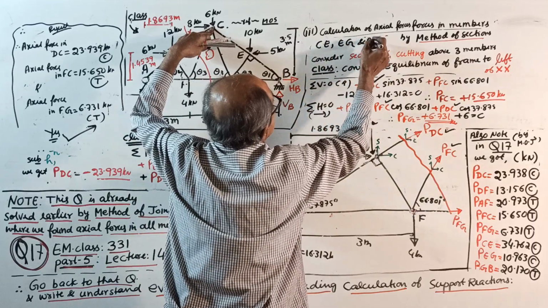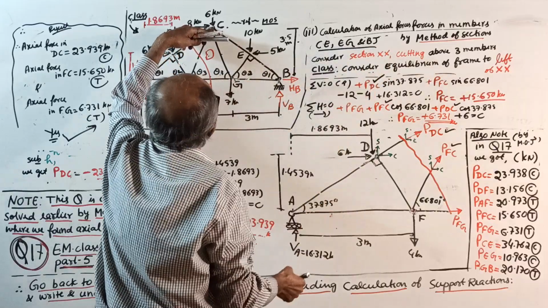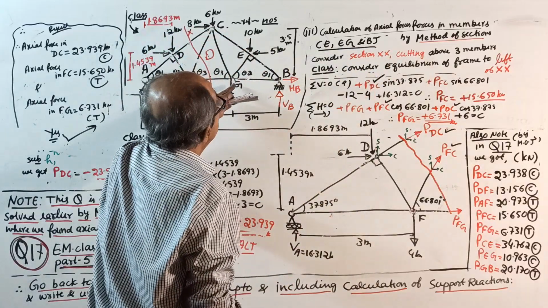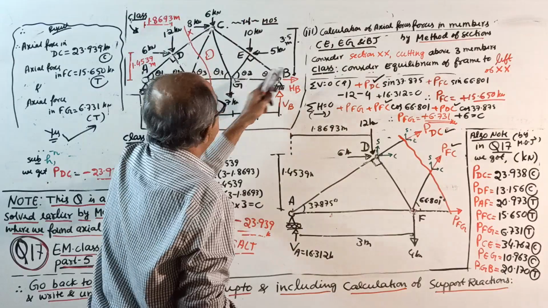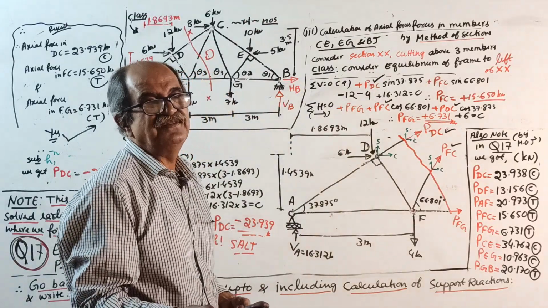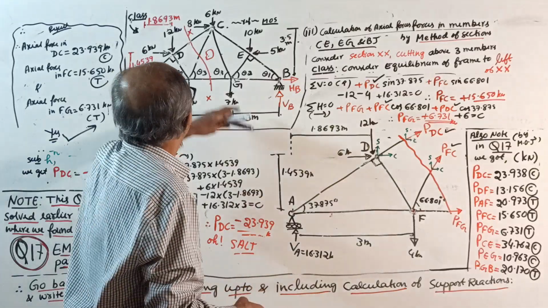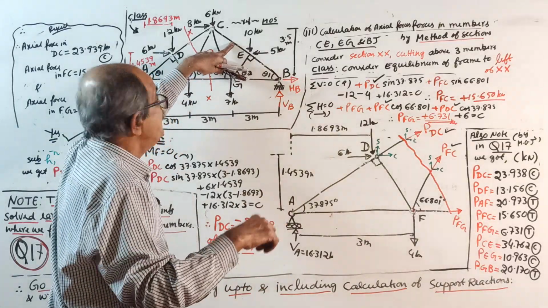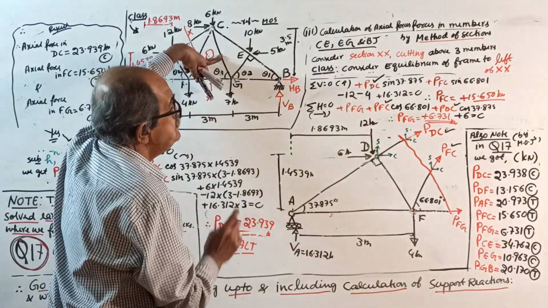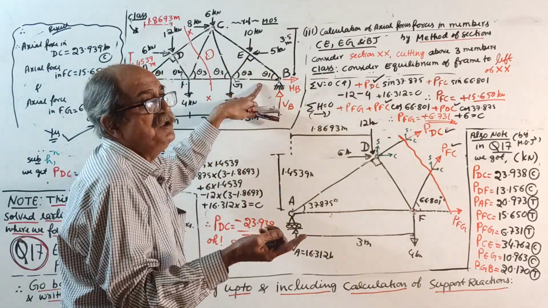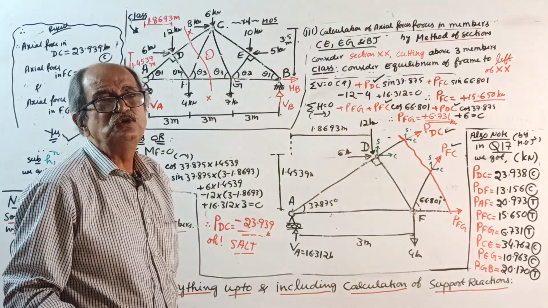Sorry, in the question you told CE and GE and GB. You can call this member either CE or EC, this member either CG or GC, either GB or BG. Don't make an issue of those things.